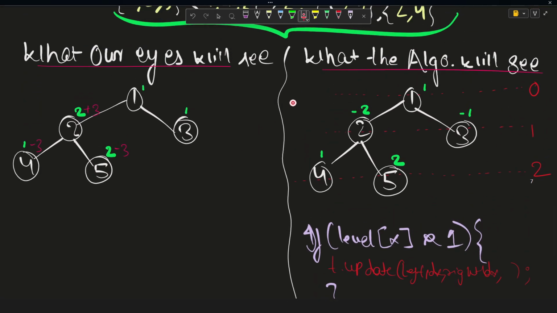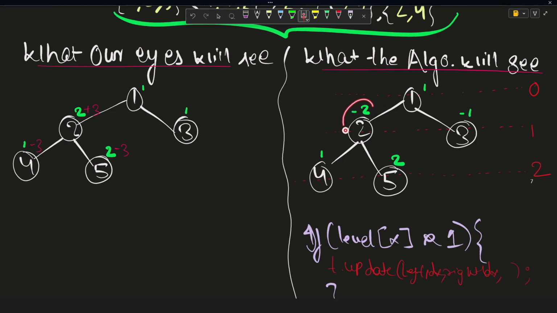Now the technique I am telling you to apply is this: the question wanted us to add +3 here and -3 on the children, but since this is an odd level and it wants us to add +3, instead of adding +3, just add -3.